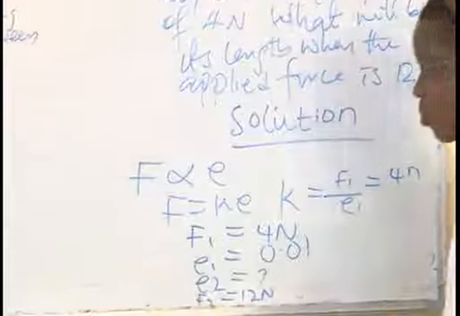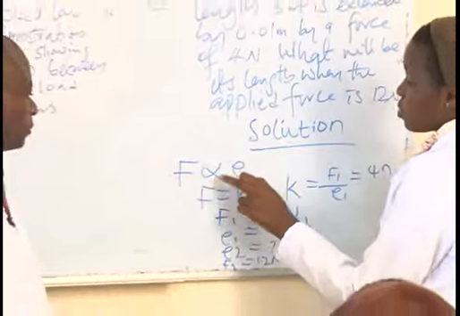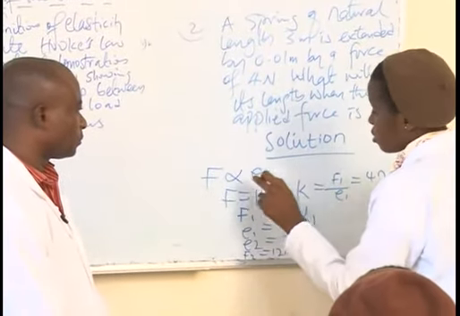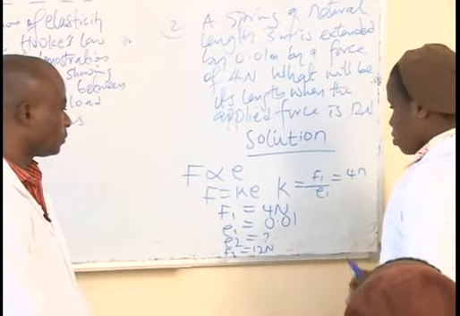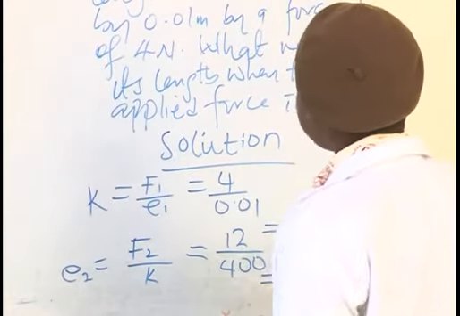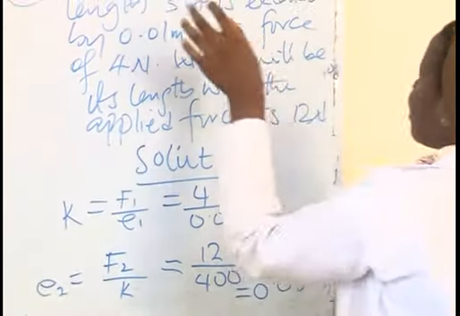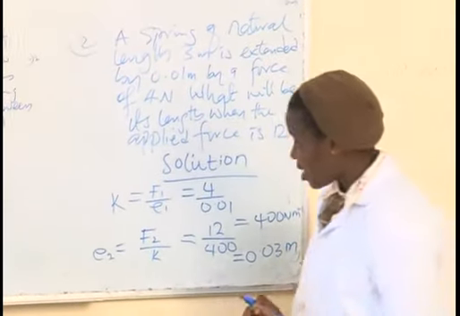Hooke's law states that F is proportional to extension. That's force equals Ke. So we're bringing out our data. A spring of natural length. So you are not done.